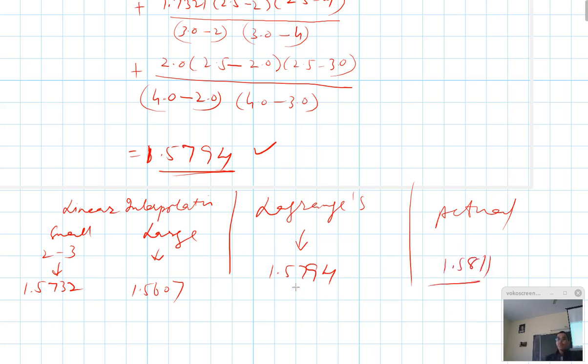See how things have improved; this is much closer. In this way I can improve the results. So this is all about the Lagrange's interpolation method. That's all for today's lecture.